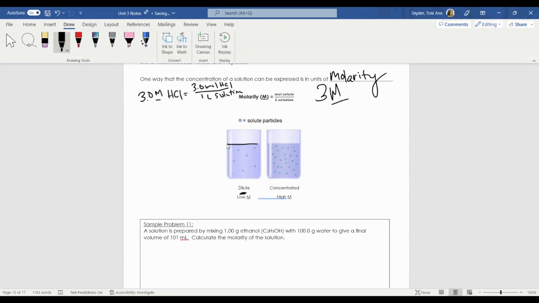So if we were to imagine that whatever this volume is, 1 liter, and this is also 1 liter, this one right here would have more moles of solute dissolved in it, whereas this guy has less moles of solute. Pretty straightforward.